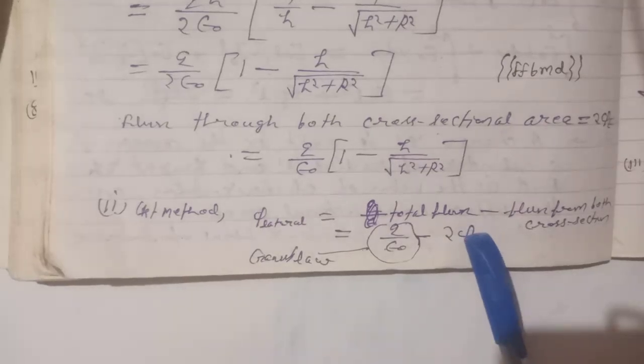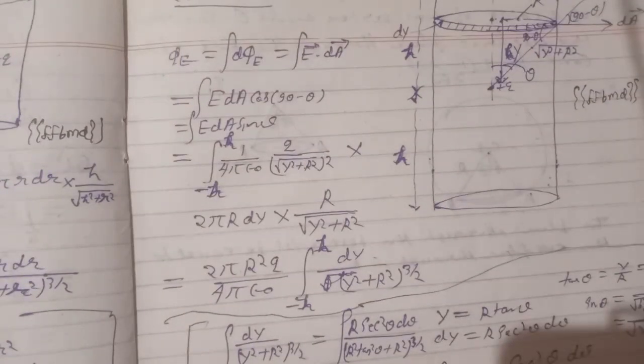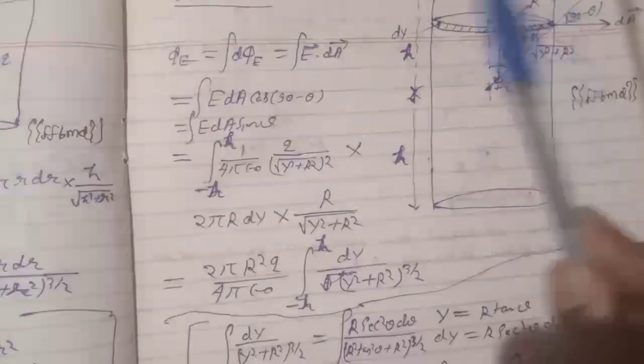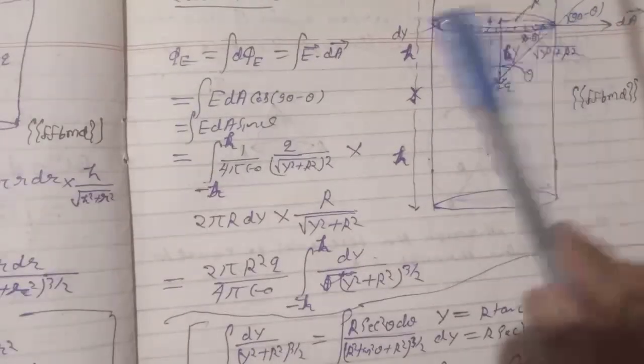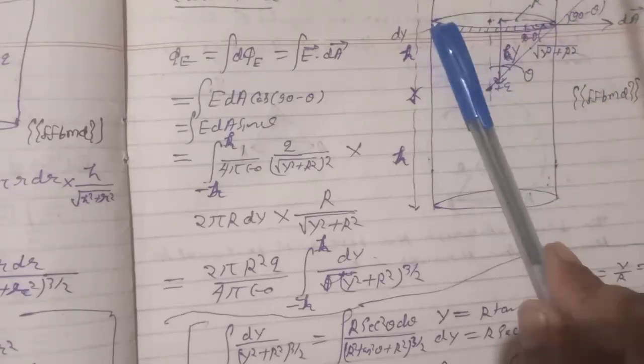Now another method can also be used. The second method: we have to consider a circular strip on the lateral surface like this, as we have shown, of thickness dy.